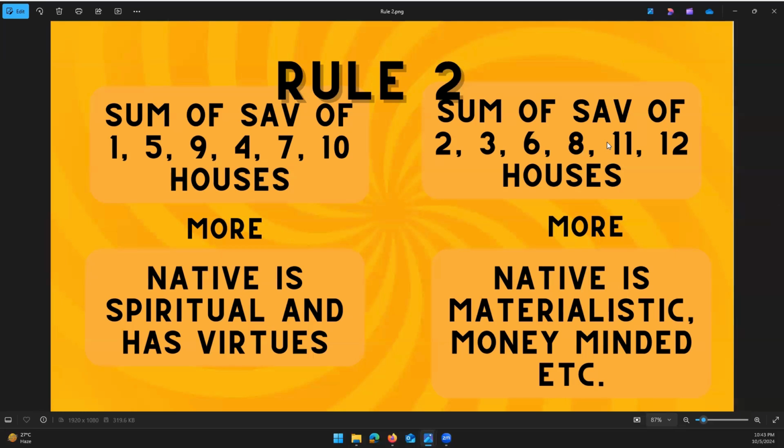You have 12 houses in the chart. You take the Sarvashtakavarga for all the Kendra and Trikona houses on one side and all the remaining houses on the other side, and just compare the values for these two groups. If the first group has more, the native is spiritual and has many virtues. If the second group has more points, then the native is more materialistic or money minded.